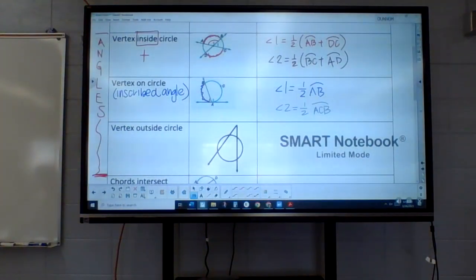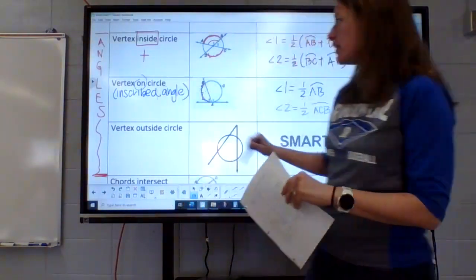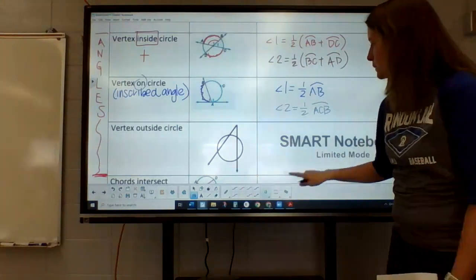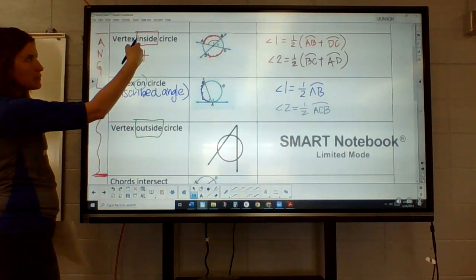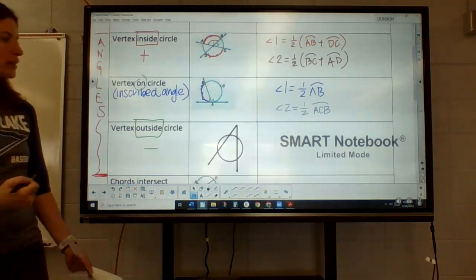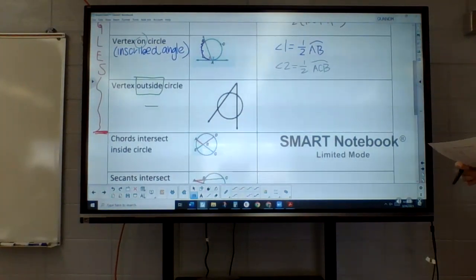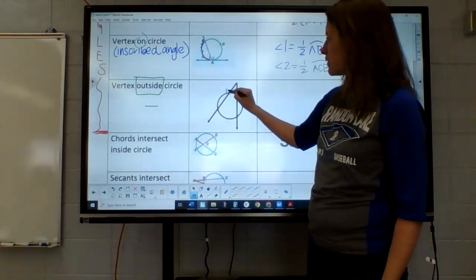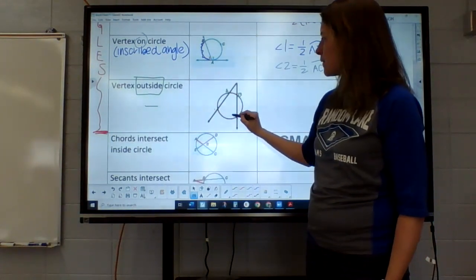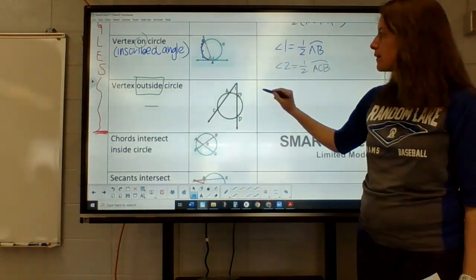And then our last one is when the vertex is outside the circle. So we have on the circle, in the circle, now we're outside. Inside was addition, outside is going to be subtraction. So that's a way to remember the difference, but again, you'll get some sort of cheat sheet to use for this. So I'm going to give some letters here. So we can call that A, B, C, D. We're going to call this angle 1 out here.